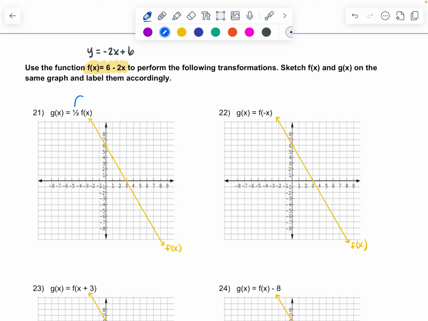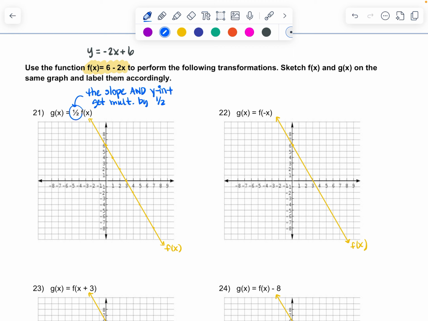All right, so this first one is telling us that we have a 1/2 multiplier, but it's happening to the entire function, right? The whole function. So the slope and y-intercept get multiplied by 1/2 when the number's in front of the whole thing, right?